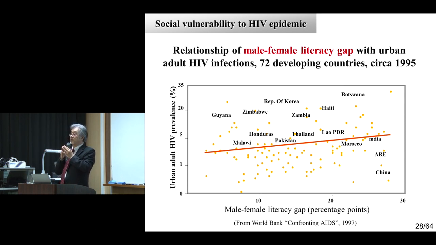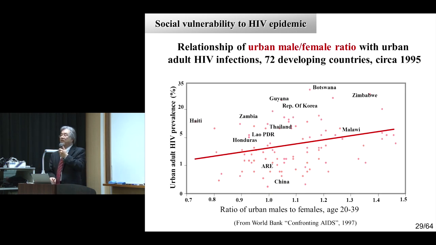If such a difference is large, women may be in a disadvantaged situation in society in terms of income or job opportunity. So it may affect their risk for HIV infection. So this is more difficult.